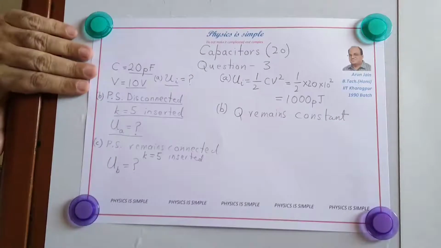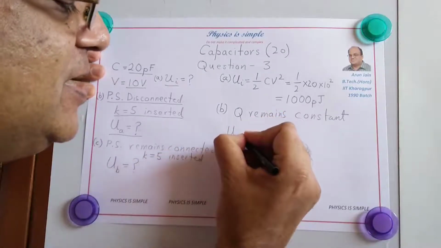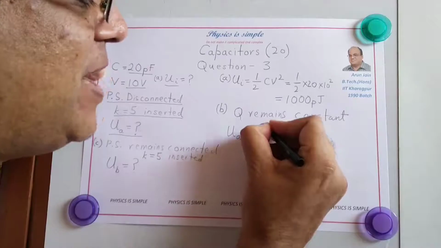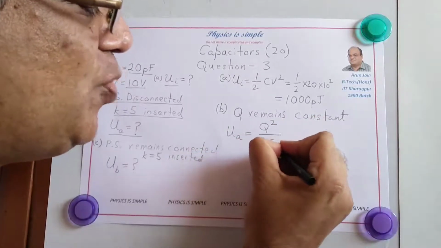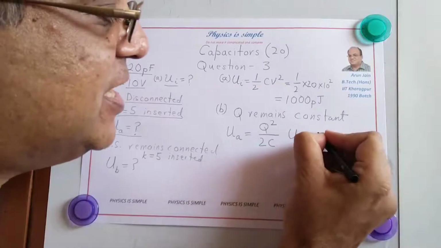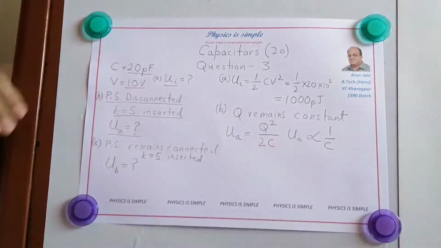Once charge remains constant, the potential energy in terms of Q is Q square by 2C. Q is constant. Therefore, this potential energy is inversely proportional to capacitance.